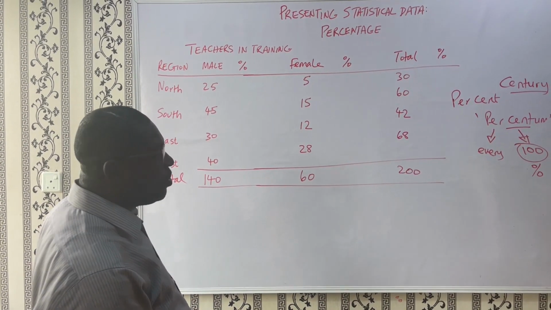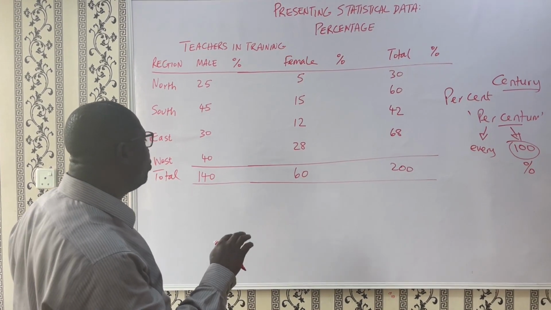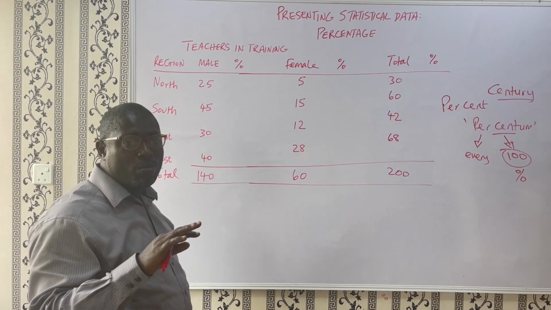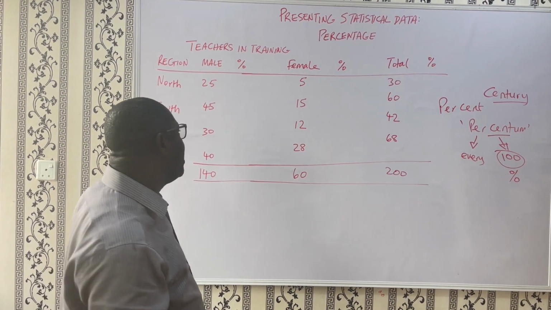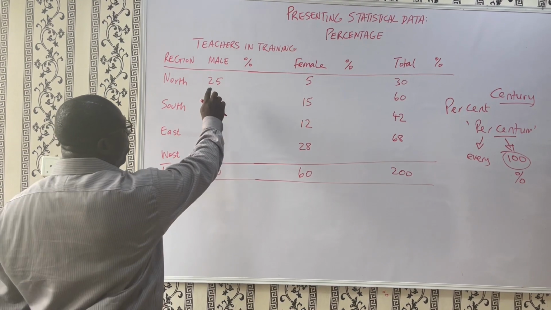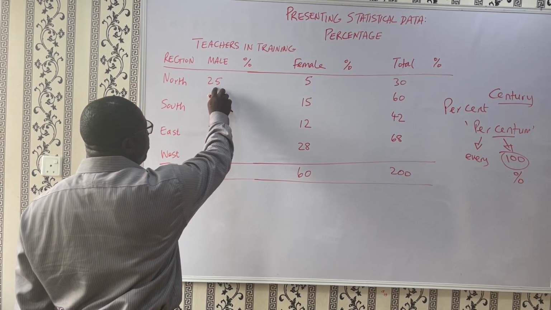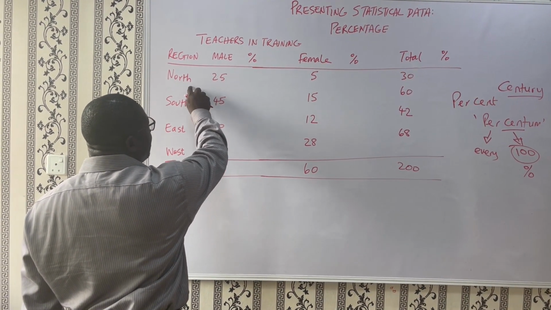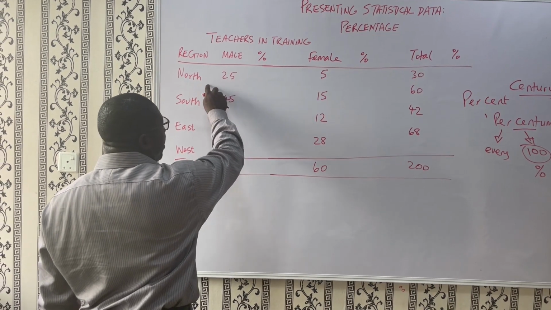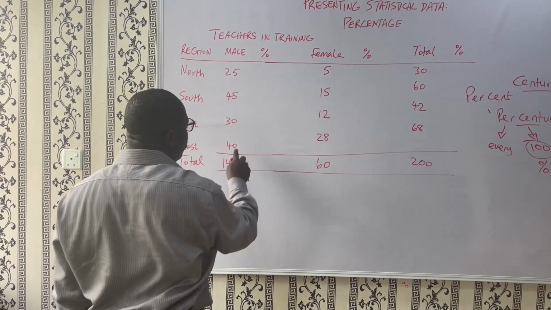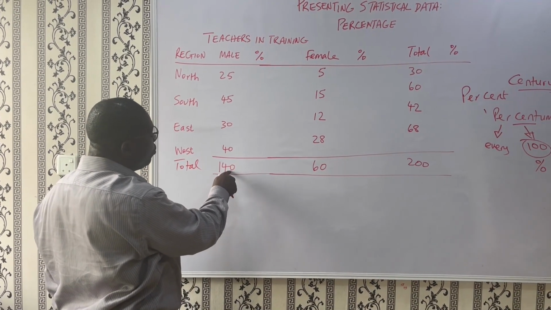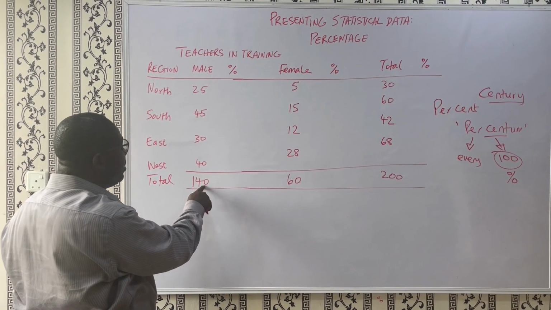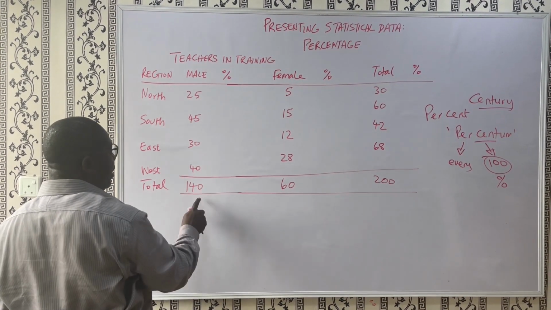Now, in calculating percent, whatever we want to do, we are going to multiply by 100. Now we want to calculate what is 25%. What value? This value here, 25 of male, and we are going to do it with respect to this whole, this 140 male that are there.